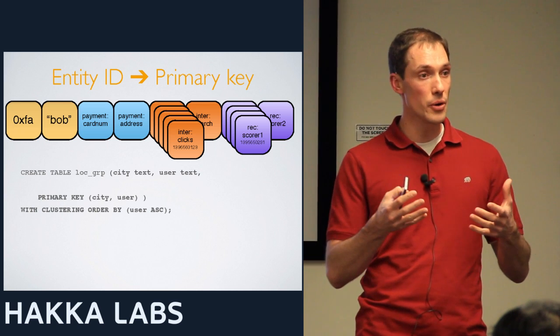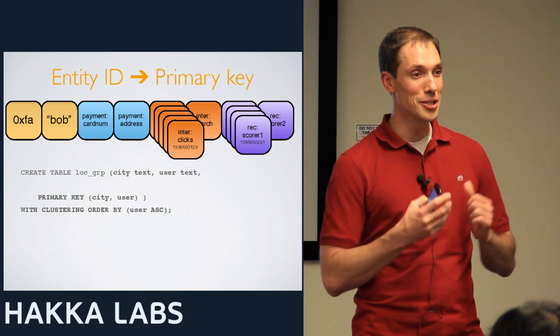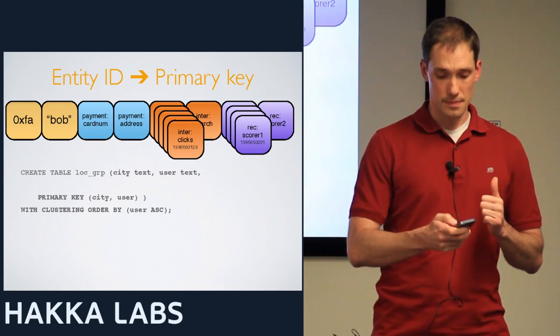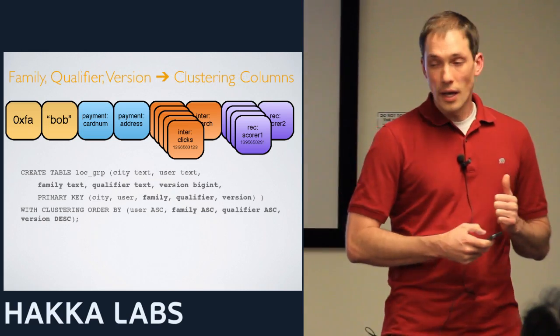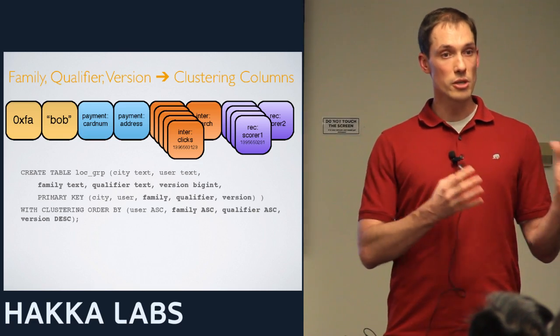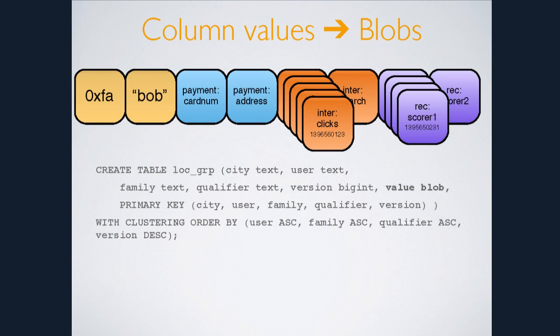So the hashed components become the partition columns, and the unhashed components become clustering columns. Likewise, the family, the qualifier, and the version, we also map to clustering columns. And finally, the data that we store in Cassandra, we store as blobs because we're using Avro to serialize all the data that we're storing.